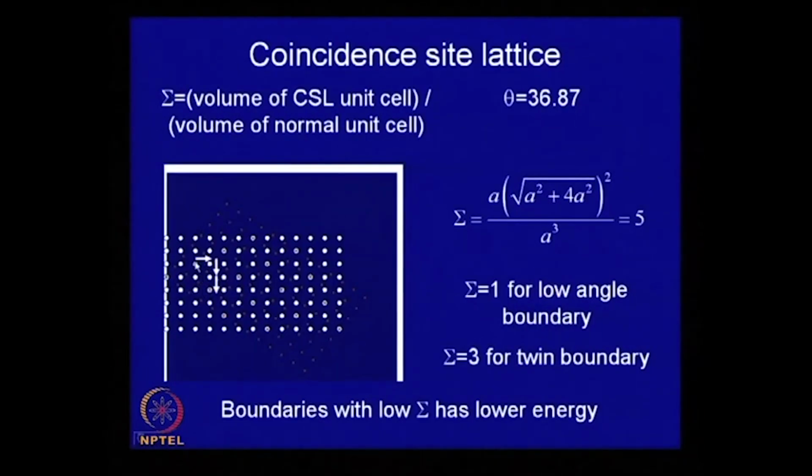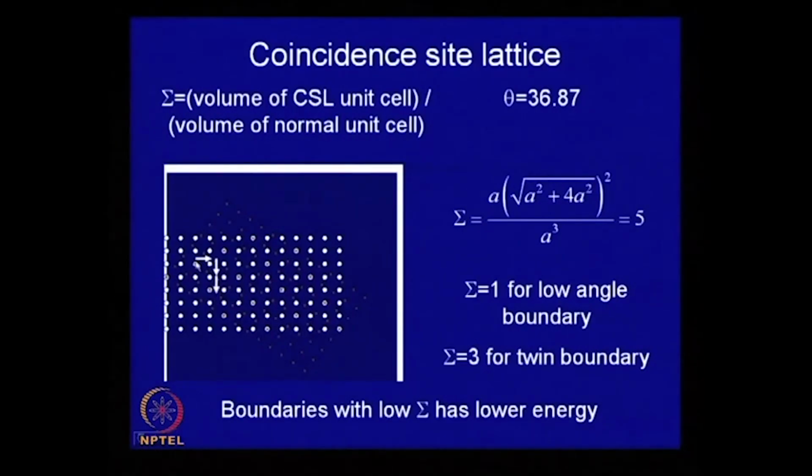In one direction you get one lattice point, in another direction you get 2 lattice points. So this lattice dimension is from here to here. This is the coincidence lattice, and this dimension is much larger than the normal one. It is 1 unit here, 2 units this side.